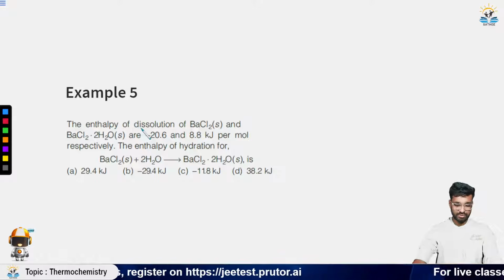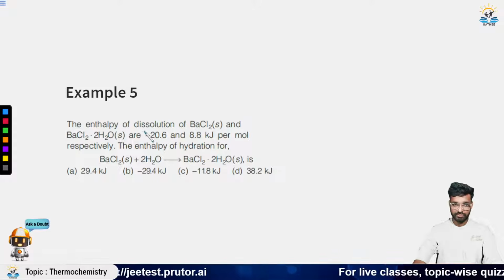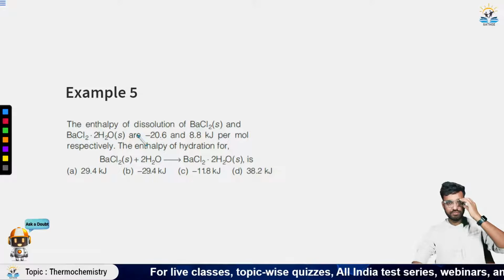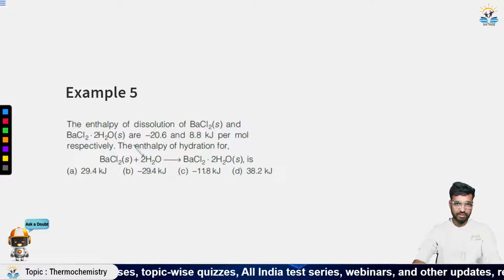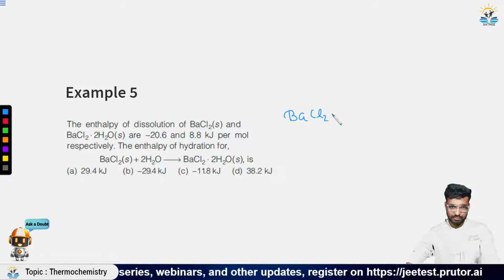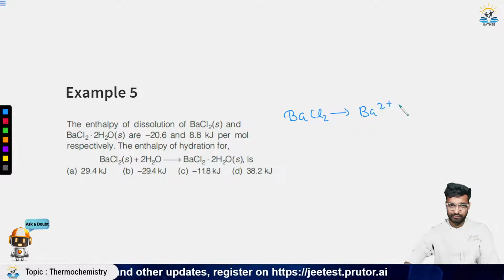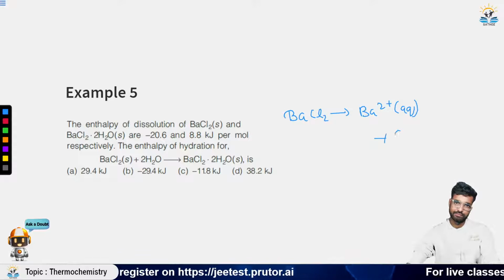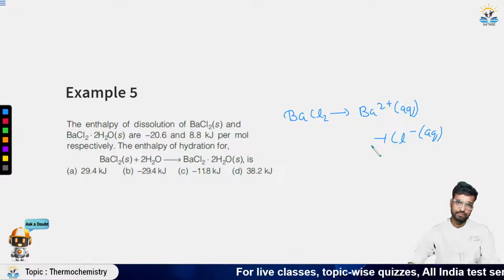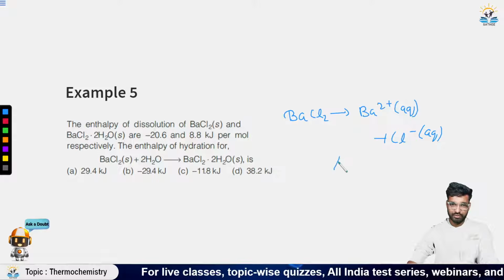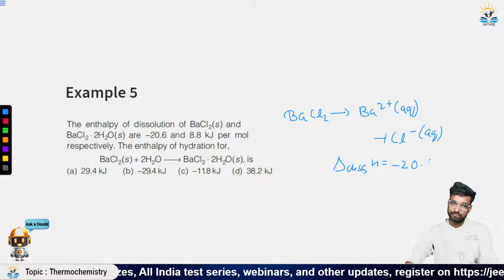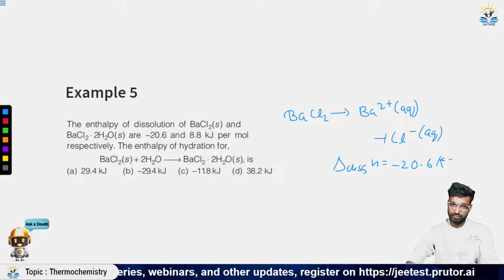Now let us move to our last question that I will solve. From then onwards you will solve these questions. So it is given that the enthalpy of dissolution of BaCl2 and BaCl2 with H2O is this much, and for both it is given in kilojoule per mole.